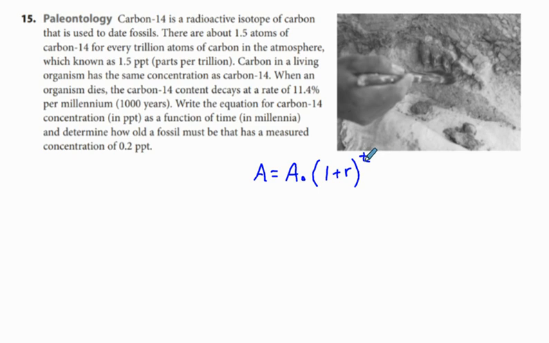That's what it would really look like. Now here we're given a rate of decay of 11.4%. So r is going to be equal to 11.4%. Well, it's going to be negative 11.4%.